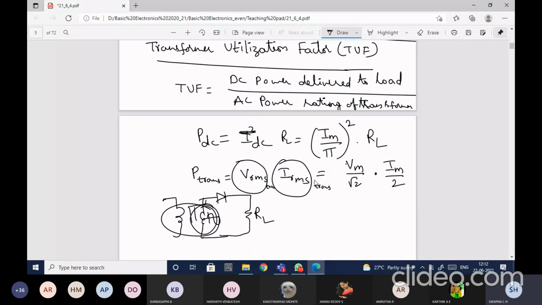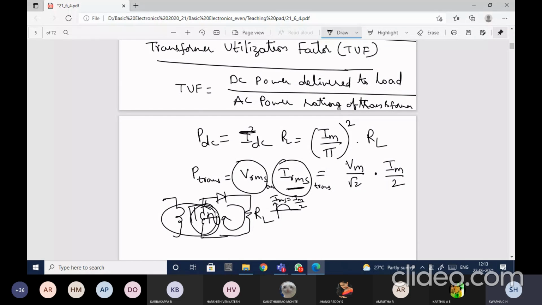But for IRMS, you may ask why it is Im by 2, even that should be Im by root 2, no? But no, because we have already calculated the IRMS. The same current flows throughout the circuit, yes or no? When the same current is flowing, the IRMS value we found for this waveform was Im by 2, right? So the same current is flowing through the transformer also.